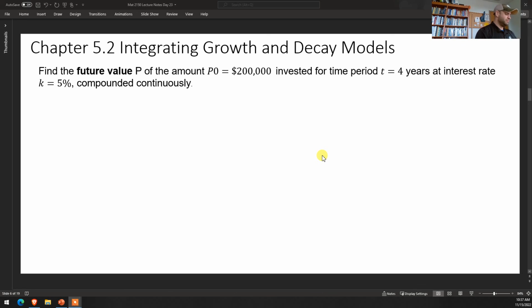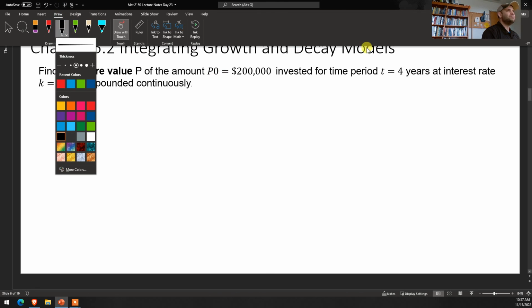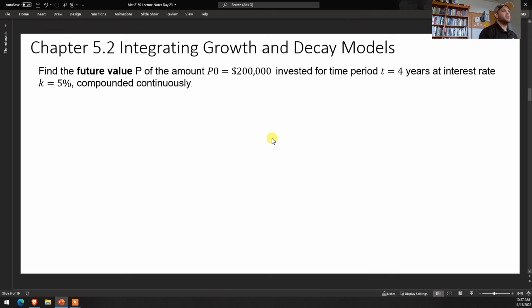Now let's get to our applications. First, recalling the basic future value models, which tell us how much money there will be in some account if we start with an initial amount for a given time period and a given interest rate.